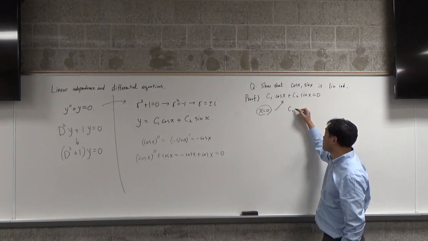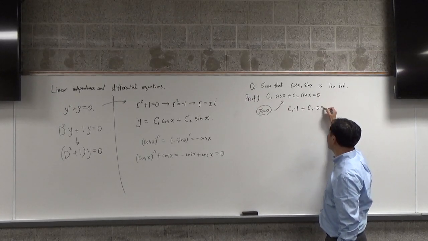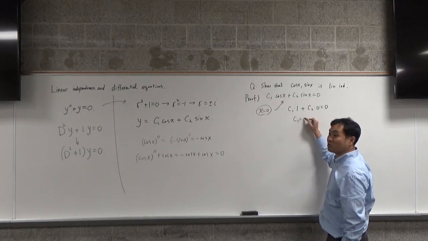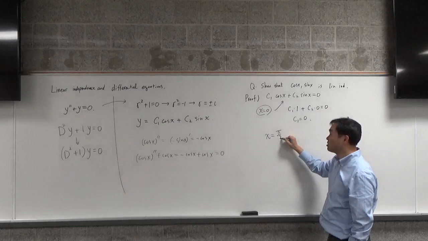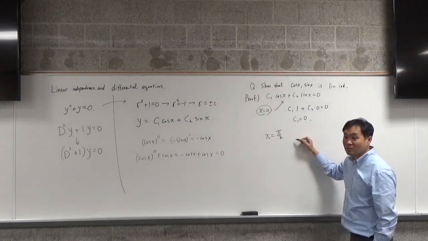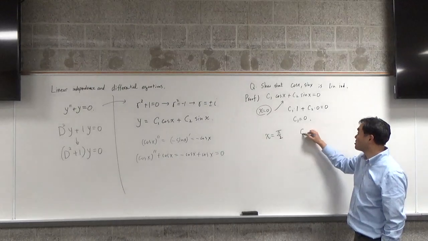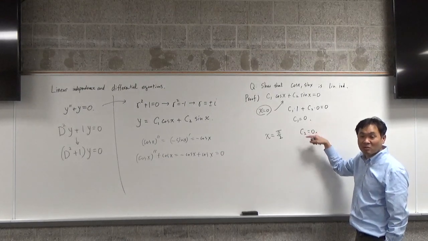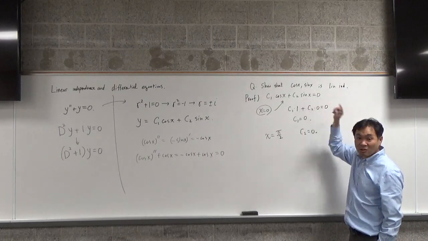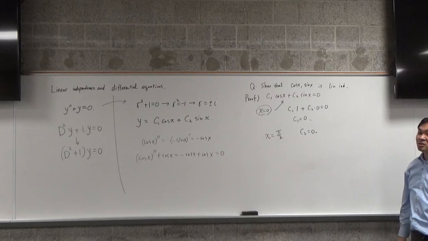Cosine 0 is 1. Sine 0 is 0. So you get C1 equals 0 right away. Then we plug in x equals pi over 2. Cosine pi over 2 is 0. Sine pi over 2 is 1. So this time you get C2 is 0. Now you proved that both C1 and C2 have to be 0 for this to work, so you're done. You've shown that these two are linearly independent.